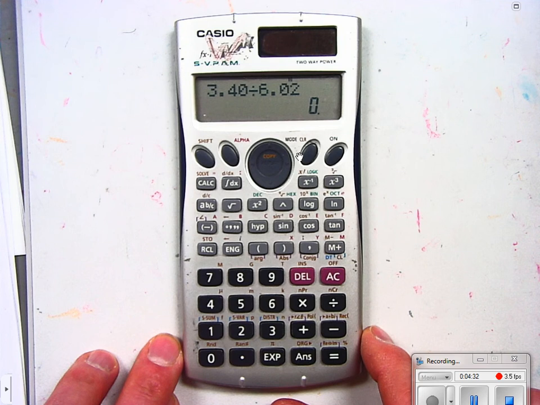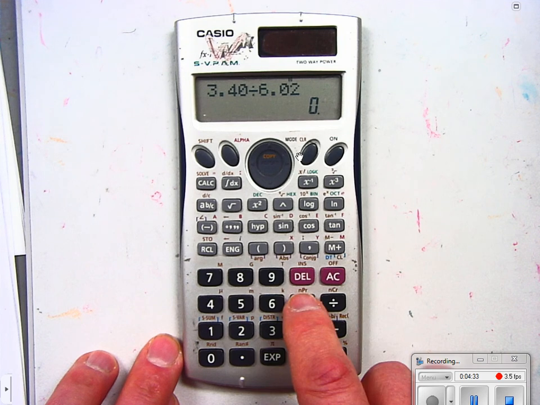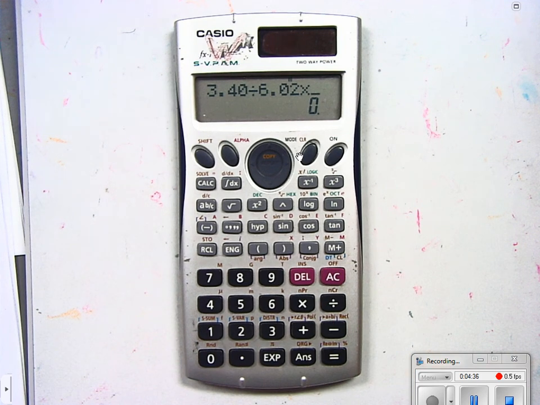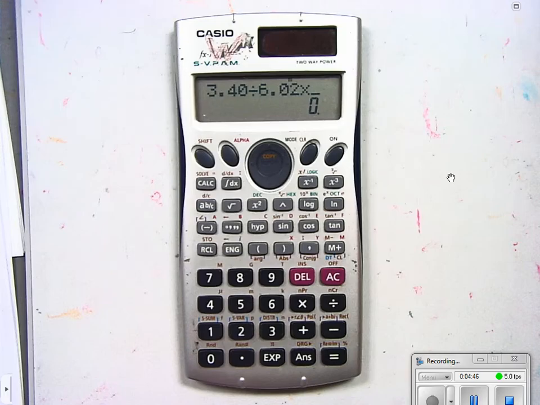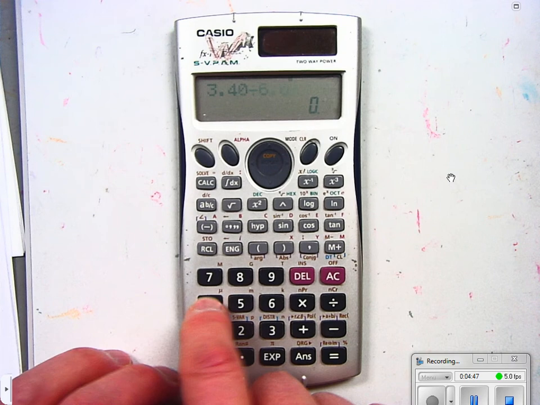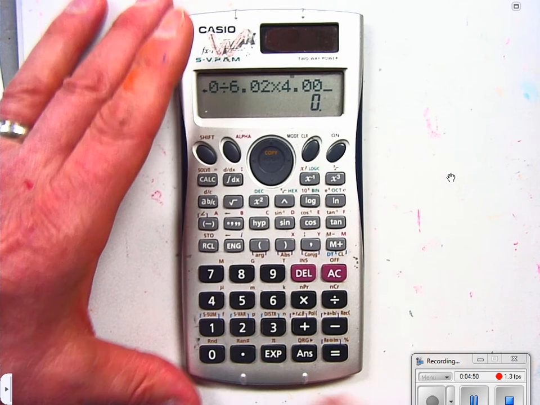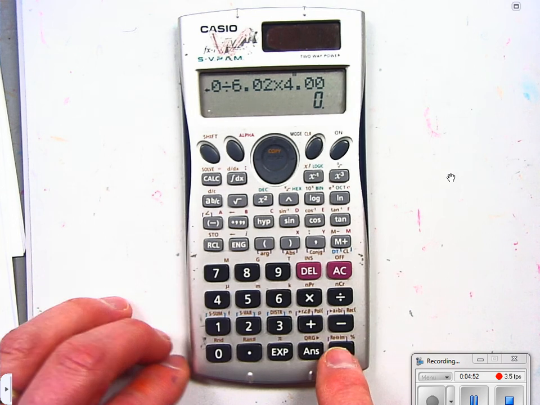And now the next number that we're going to put in is going to be times, because this 4 here, right up here, is on the top of the fraction. And so that's going to be, as we do our input, 4.00. And then we hit the equal sign to get our answer.